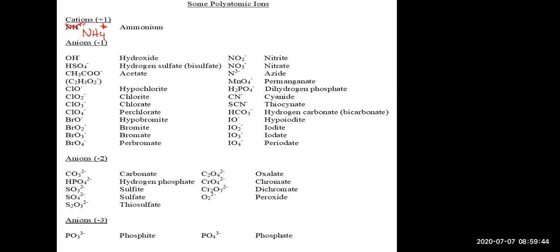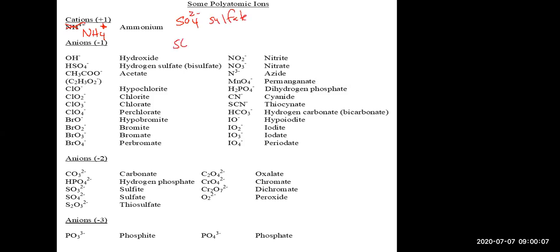So the good news, bad news is, you have to memorize these, yes? You need to memorize the formulas and the charges that go with them. And there are some ways that you could help yourself do that. There are groups that are related to each other. So for example, if we look at SO4 2-, that's sulfate.